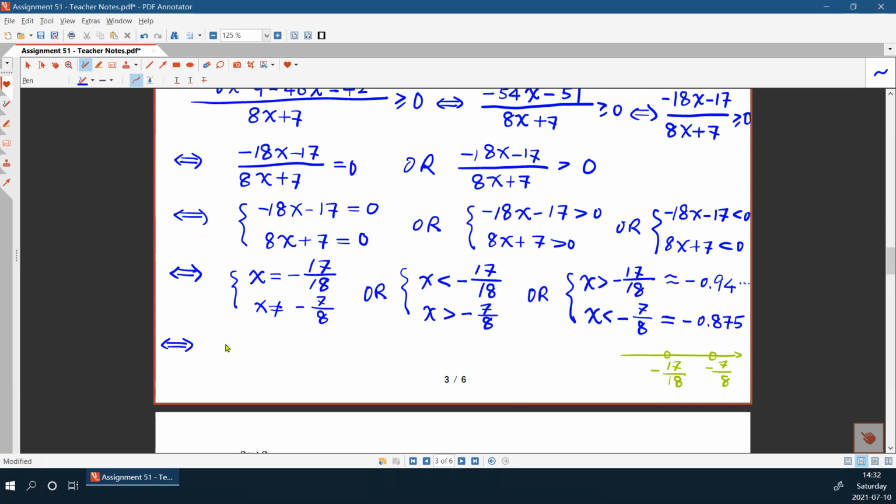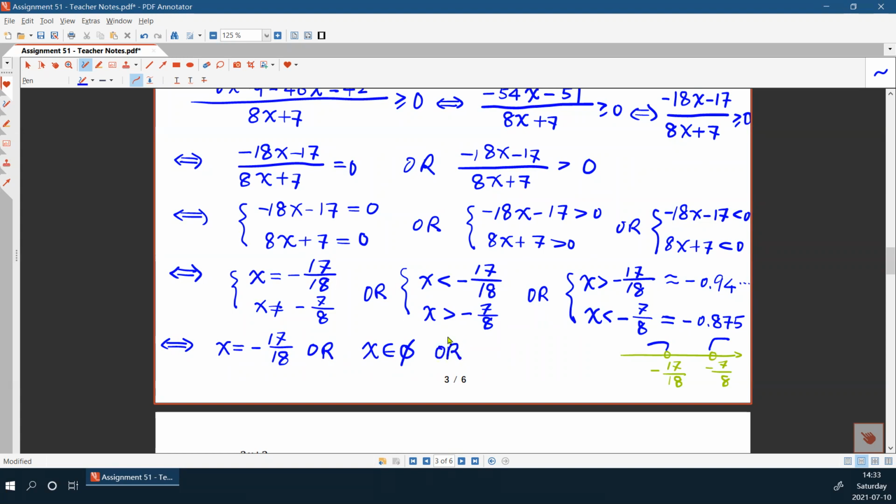All right. So if we know the relative positions of these two numbers, let's find a solution. First of all, x can be minus 17 over 18, right? Second branch says x is smaller than the smaller number and larger than the larger number. There is no overlapped area, so there is no solution in the second branch, so x belongs to an empty set.